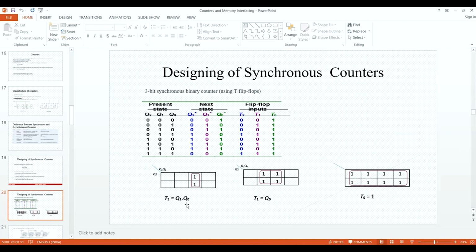So you can see T2 is Q1 into Q0, T1 is equal to Q0, T0 is equal to 1. That is your K-map, already discussed in the basic concepts video. But just remember, in this case we have 3 variables, and with 3 variables we are dealing with a triangular K-map, not a rectangular K-map. For this, you can check my previous video of the basic concepts.